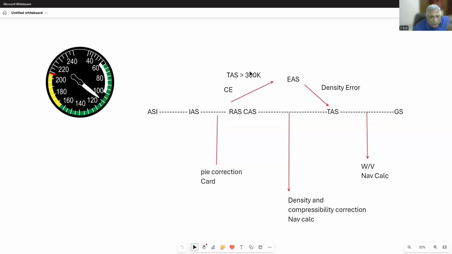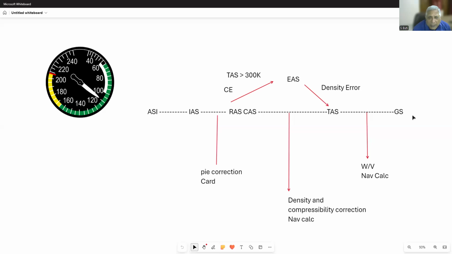Well, don't get worried. Don't do any of these things. In theory, all that you do is feed your nav calculator with your RAS, the altitude at which you are flying, and the temperature. It will calculate the density and compressibility error both and give you a ready-made true airspeed.